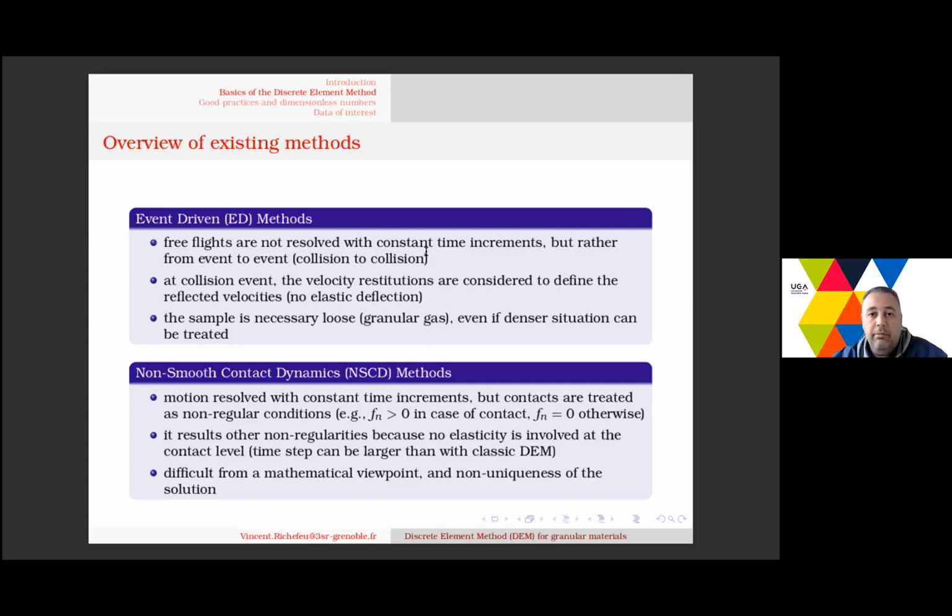It can be something we want to investigate, but not always. If we don't care about elasticity, we can consider that the contacts are rigid. This is a good method because we can take bigger time steps than DEM, and potentially the computation can be faster.